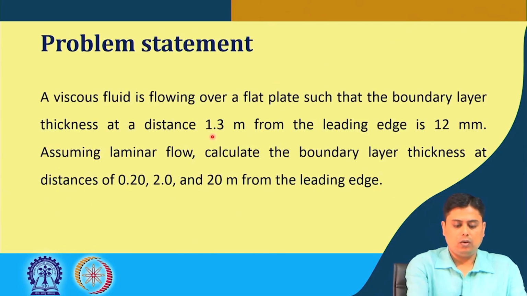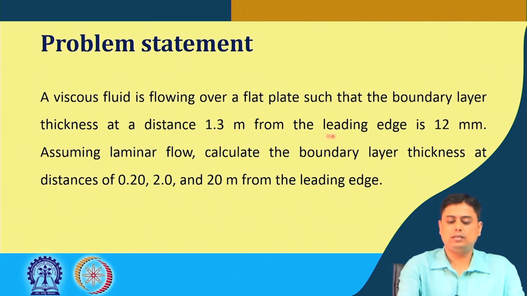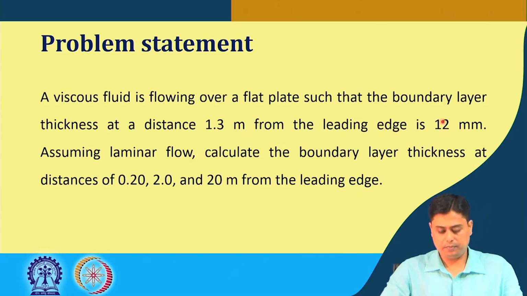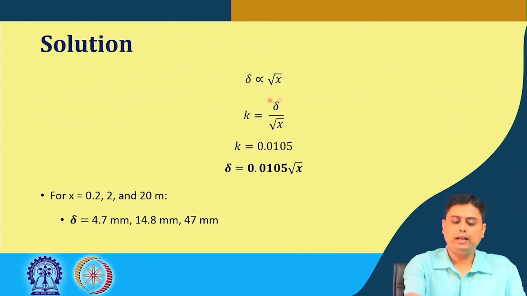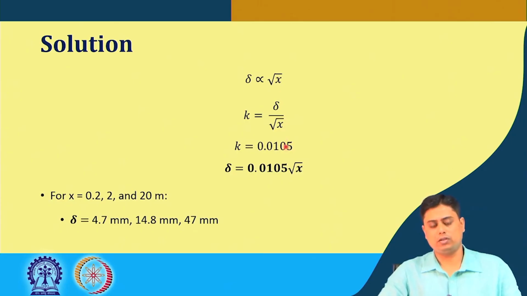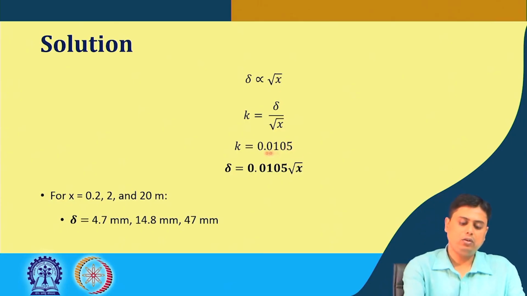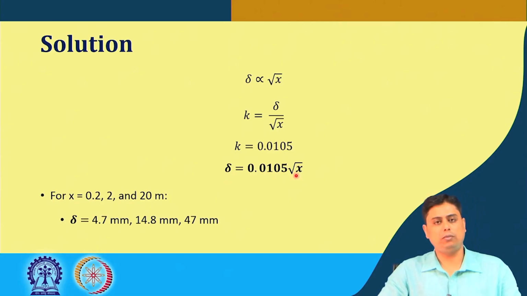For a distance of 1.3 meter from the leading edge, delta is 12 millimeter. So here delta is 12 millimeter, x is 1.3 meter. After having consistent units, we find the value of k, the proportionality constant. That means we can find out how delta and x vary for this particular problem.